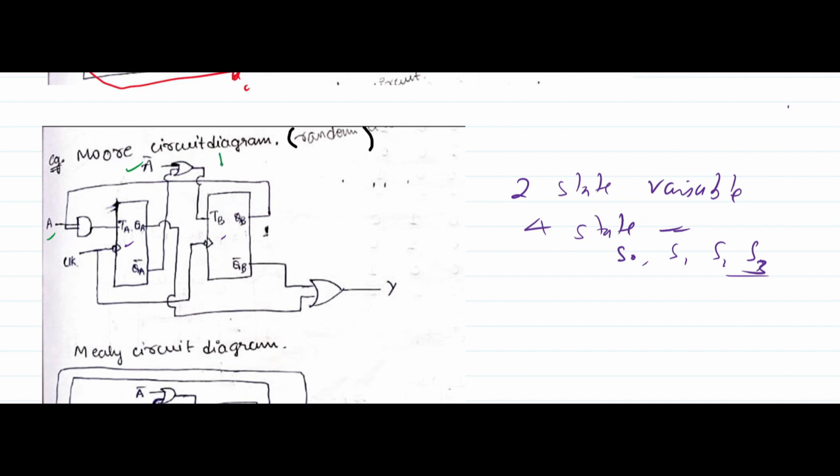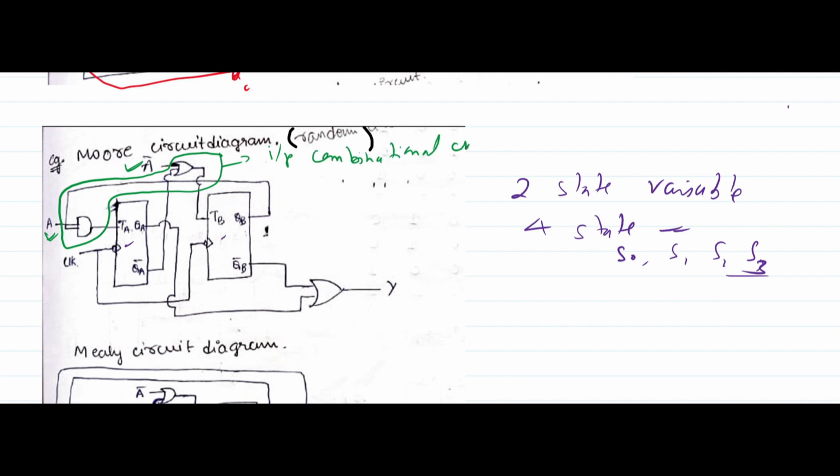Now if you consider this part only, we don't have any memory element here, only OR gates and AND gates. So they form a combinational circuit, and the input to this combinational circuit is A and A bar. So this part represents your input combinational circuit.